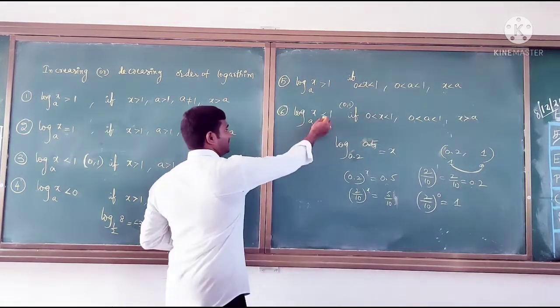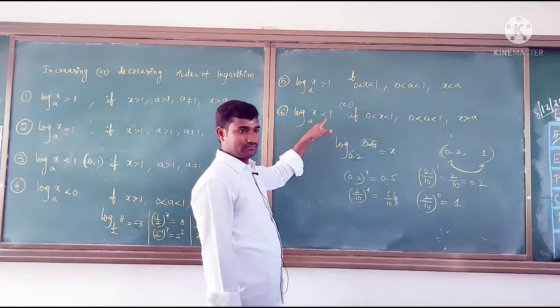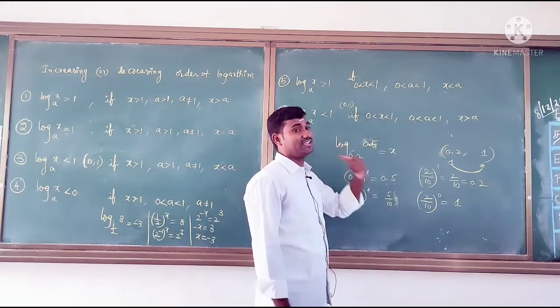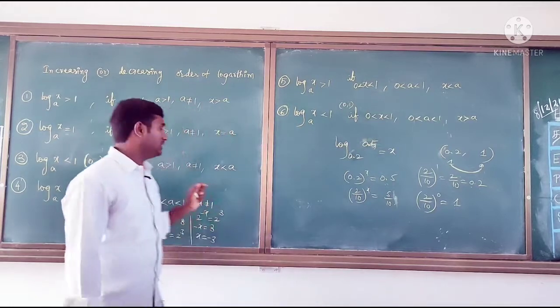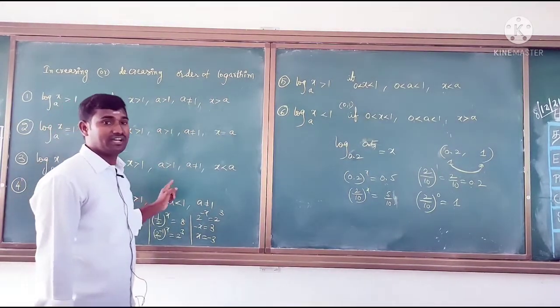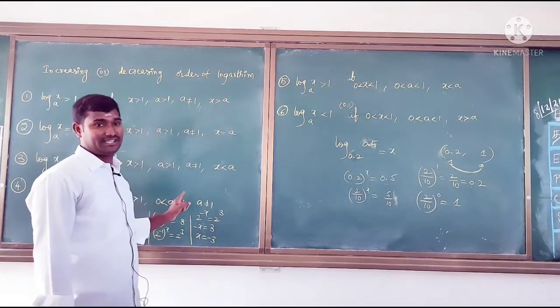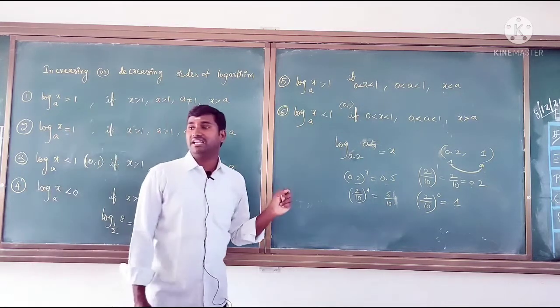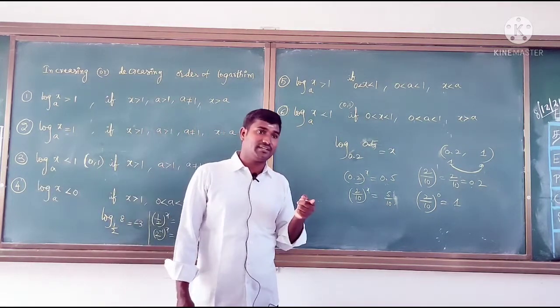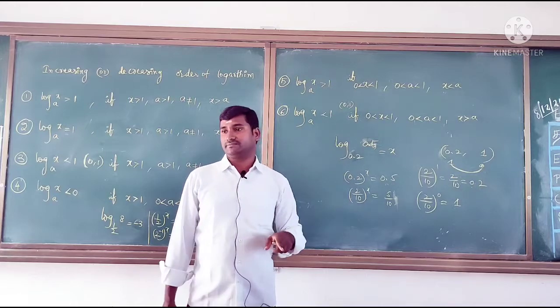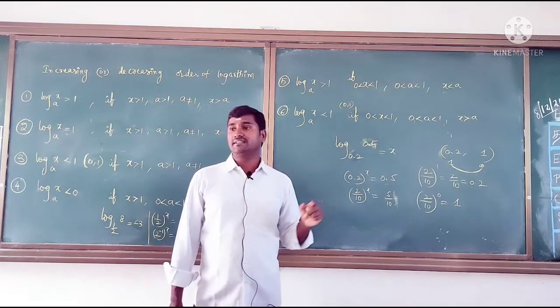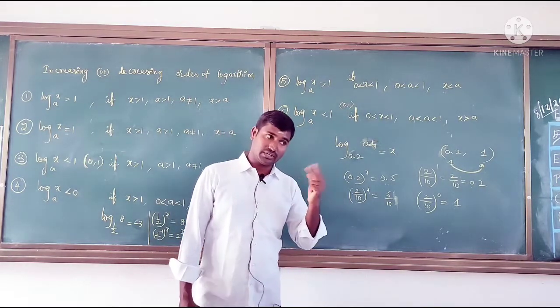So it lies between 0 and 1. Log x to the base a, when it is less than 1, we have two cases. If a value is greater than 1 and x is less than a. If a value lies between 0 and 1 and x is greater than a. Okay, two cases we are getting.